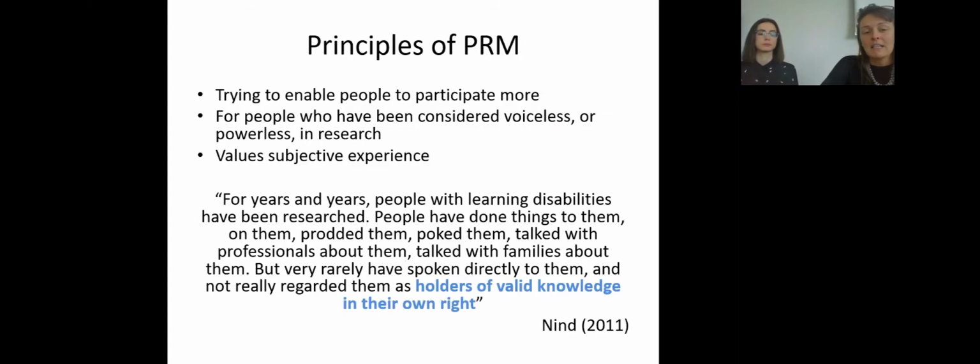It really, really values subjective experience. So we're interested in really understanding individual stories and experiences, and that is at the heart of participatory research methods. And I've just included this quote at the bottom of the slide because I think it really summarises well what participatory research methods are based on.